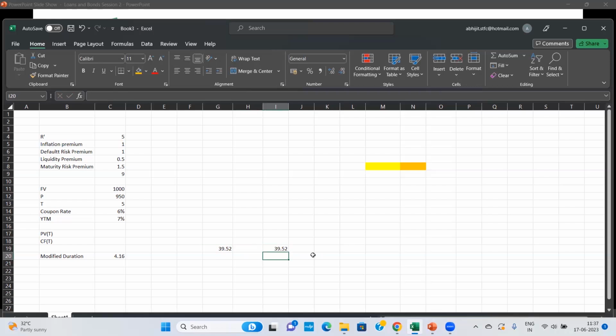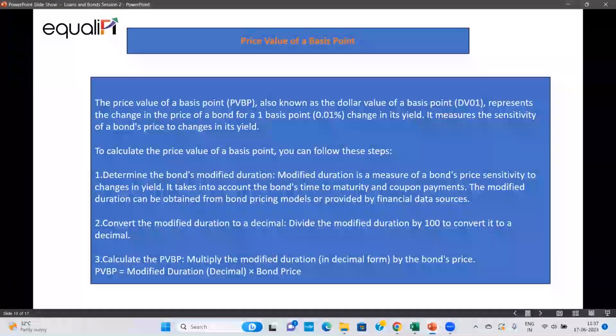So bond prices change by 39.52 with every change in yield. For a 1 basis point change in yield, my bond price changes by 39.52, either in dollars or in rupees.